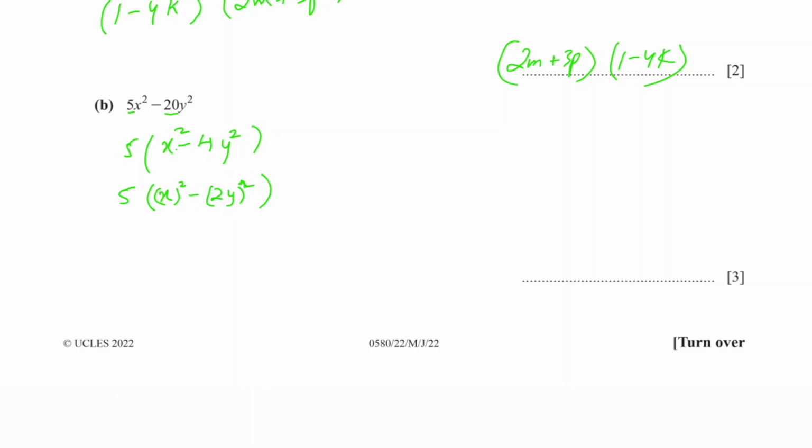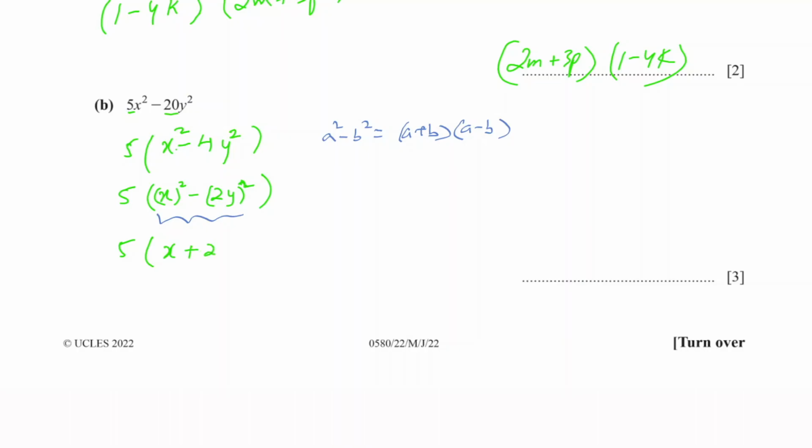So now you can see that this part becomes a square minus b square. So a square minus b square formula is a plus b and a minus b. You have to remember this. So this is, x is a, and b is 2y.